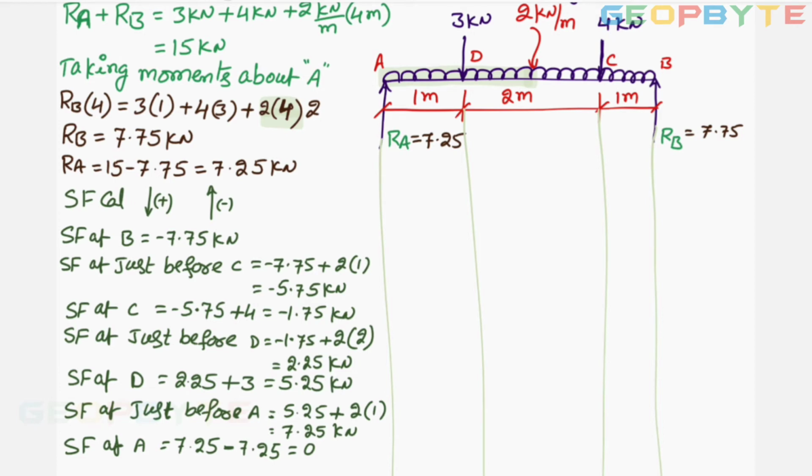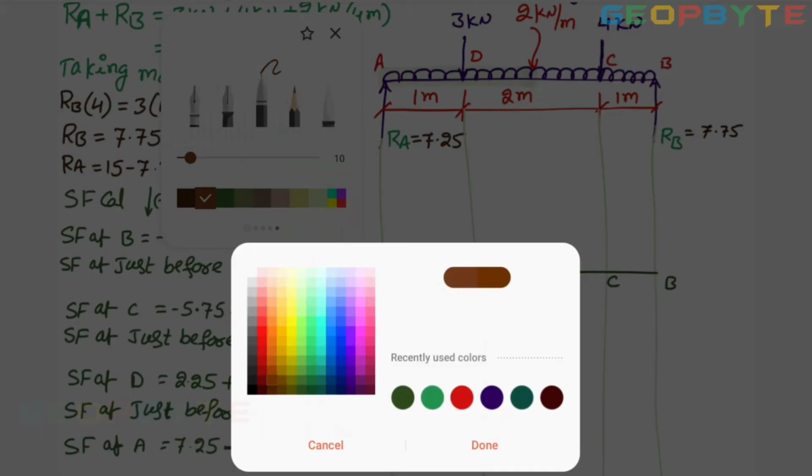The reference line should be selected such that the shear force diagram can be drawn on both sides of the reference line. This is A, D, C and B. Take the reference, reference means here the sign convention. Upside it is positive, downside it is negative.